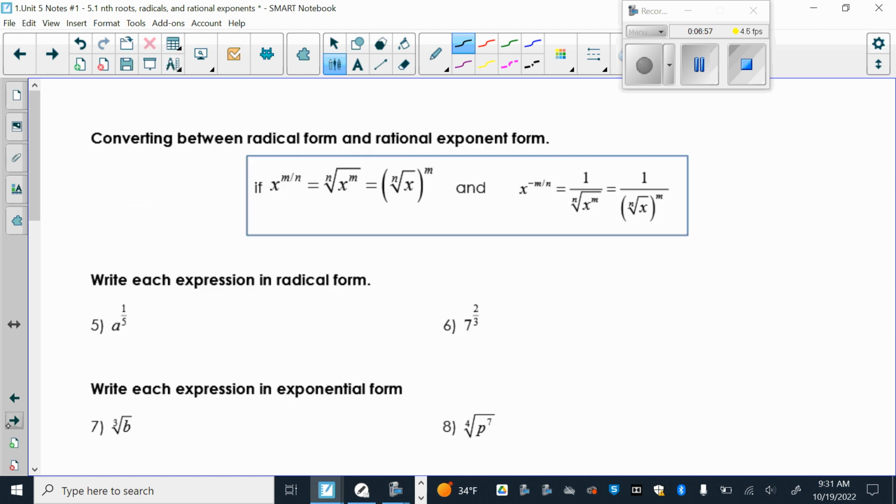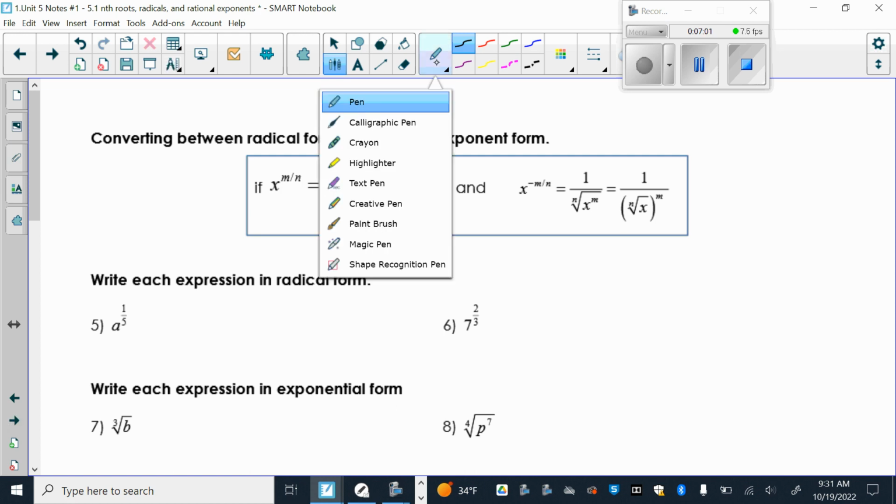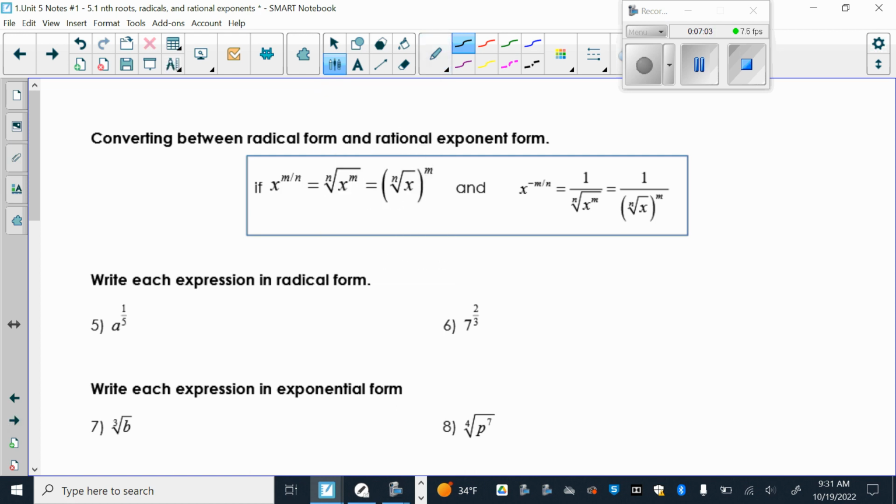Converting between radical form and rational exponent form. So recall from Math 2 Honors that x to the power of m over n is the same thing as the nth root of x to the power of m. Or we could replace the order and say it's also the same thing as the nth root of x raised to the mth power.